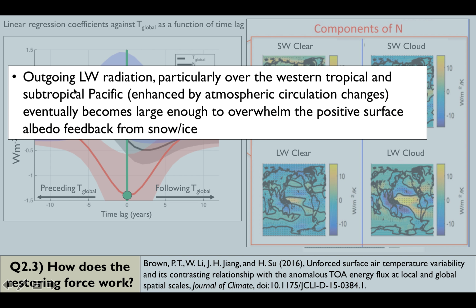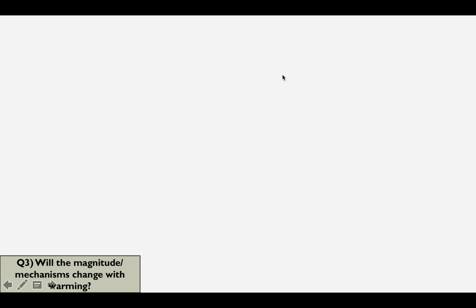So one of the take-home messages there from that paper is outgoing long wave radiation, particularly over the western tropical and subtropical Pacific, so these regions, which is enhanced by atmospheric circulation changes when global temperature is warm, eventually becomes large enough to overwhelm the positive surface albedo feedbacks that you see in the shortwave clear sky component, and thus bring temperature back to its equilibrium state.